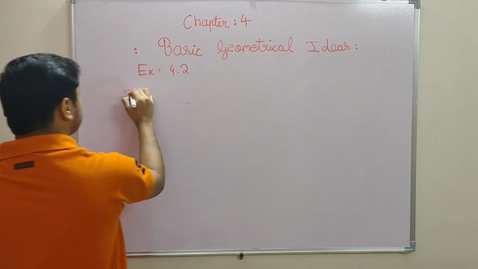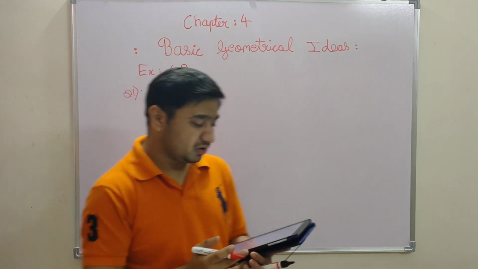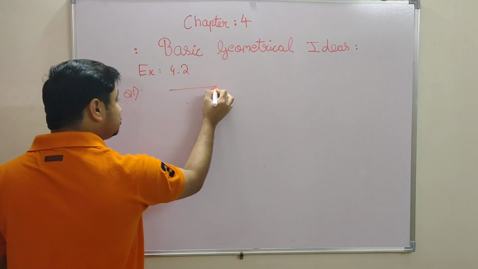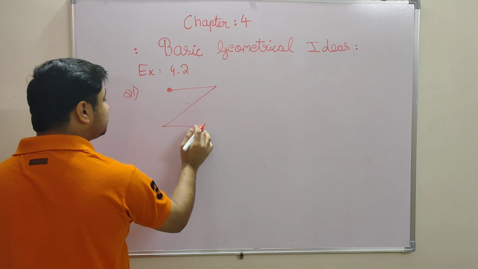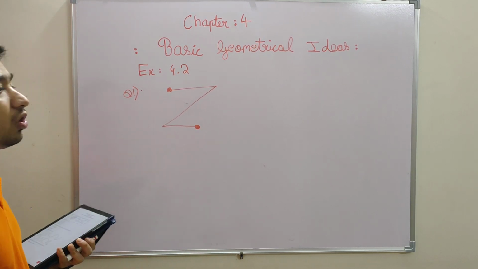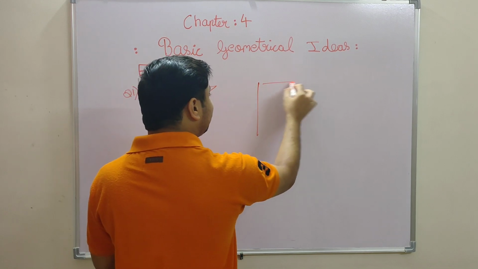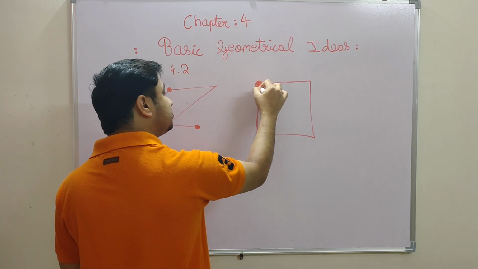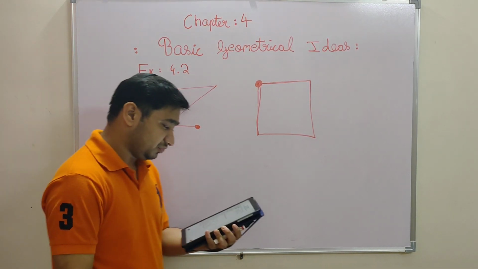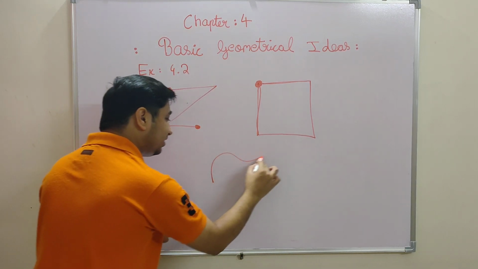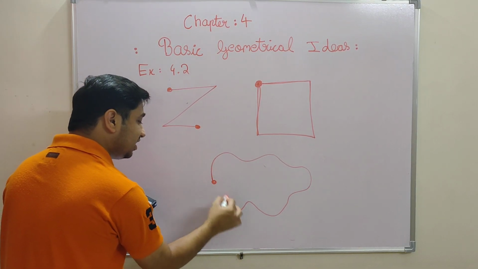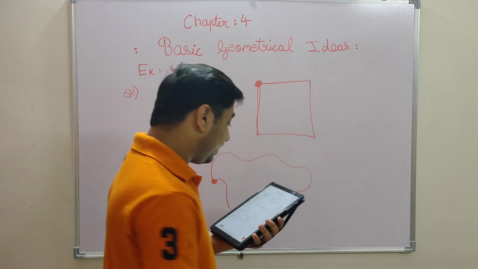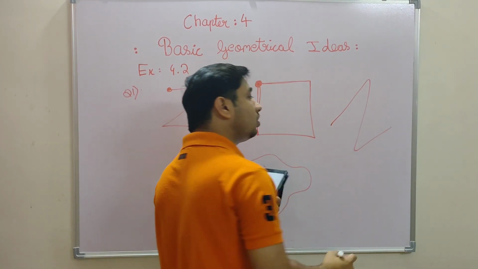4.2 exercise, question number 1: classify the following figures as open or closed curve. The figure in which the first point and the last point are not touching is called an open figure.